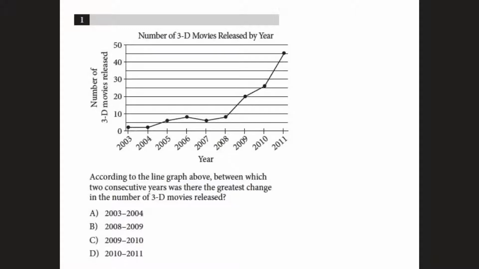Number of 3D movies released by year from 2003 to 2011. According to the line graph above, between which two consecutive years was there the greatest change in the number of 3D movies released?